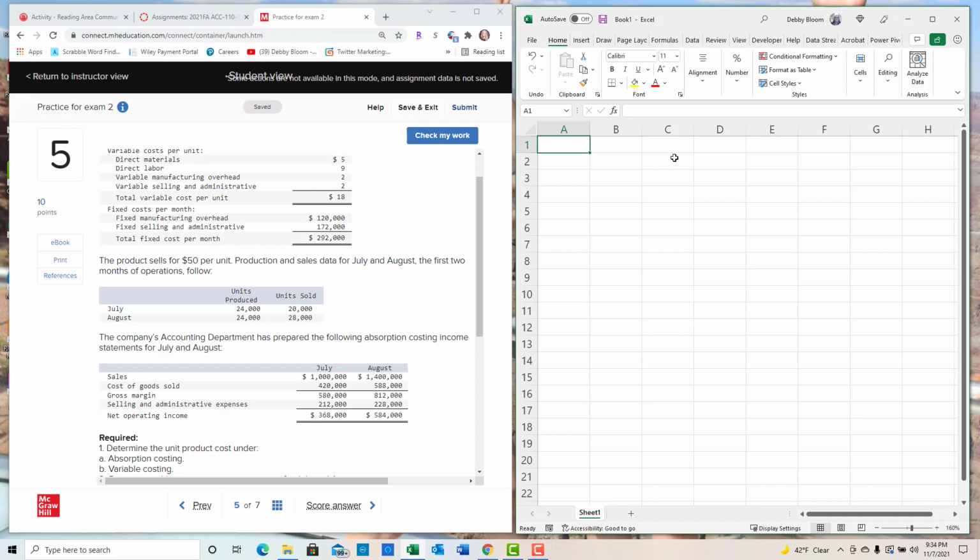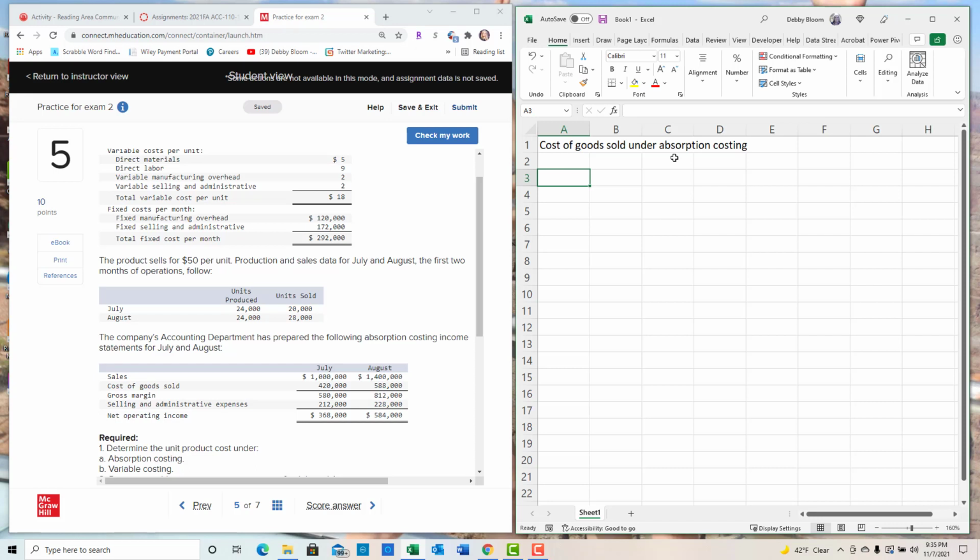So to calculate the cost of goods sold under absorption costing, what you're going to do is add all of your manufacturing costs, your direct materials, direct labor, variable overhead, and fixed overhead together.